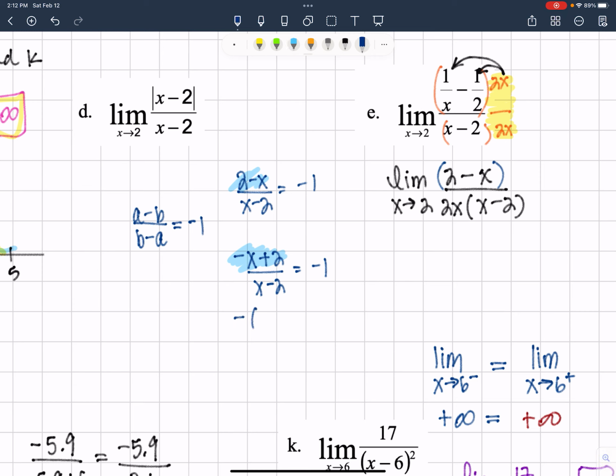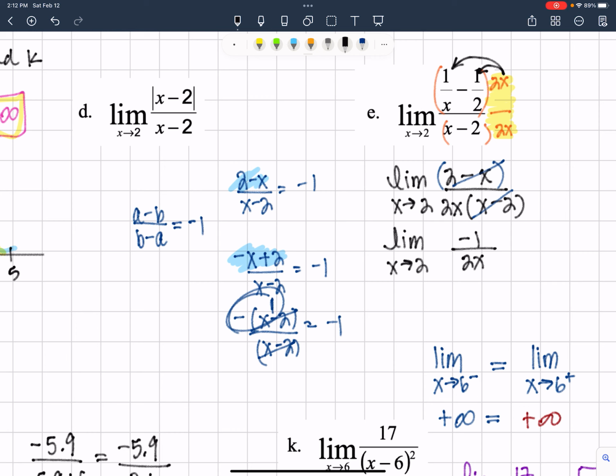So now I've got the opposite of (x minus 2) over (x minus 2). So now I factor out a negative. And now x minus 2 over x minus 2 is 1, and I have on the left-hand side -1. So this is the same thing as -1. So I'm now going to be able to rewrite this as the limit as x approaches 2 of -1 over 2x.